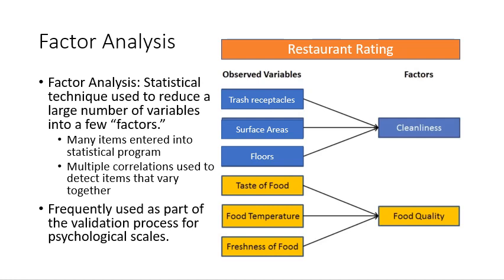But these 3 wouldn't really go with those 3. You could have a very, very clean restaurant with very poor food quality. So these would factor out as independent factors on a statistical test.